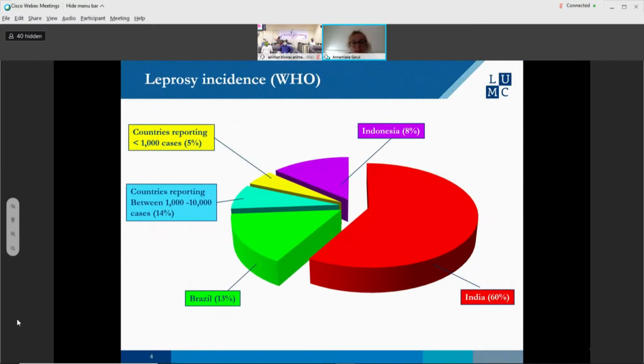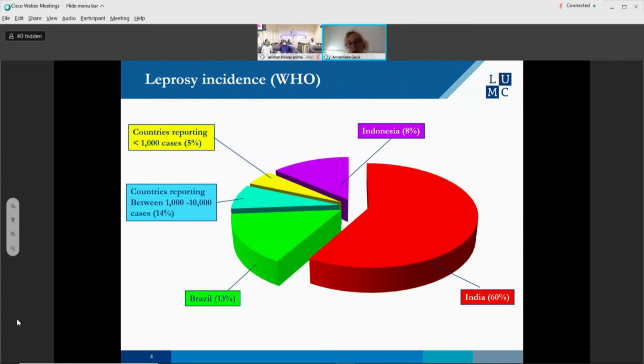If we look at the incidence of leprosy now, India has the largest incidence of leprosy patients, about 60% of the global number. After that, Brazil and Indonesia are second and third. There are, however, a lot of countries that are still reporting hotspots.